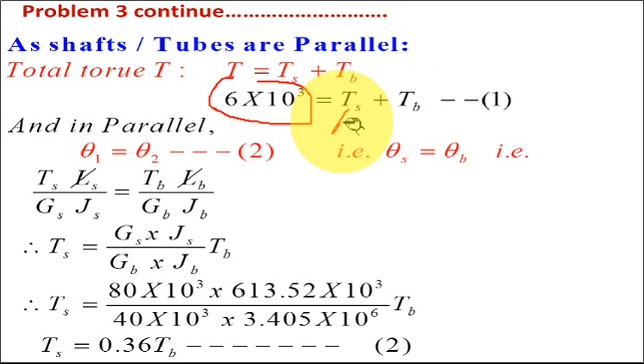Now here T s and T b are not known. That you have to calculate using this relation: theta 1 equal to theta 2. Using the equation theta = TL by GJ, here the lengths are the same when they are parallel, so they cancel, and then find some relation between T s and T b. So here T s and T b are not known.